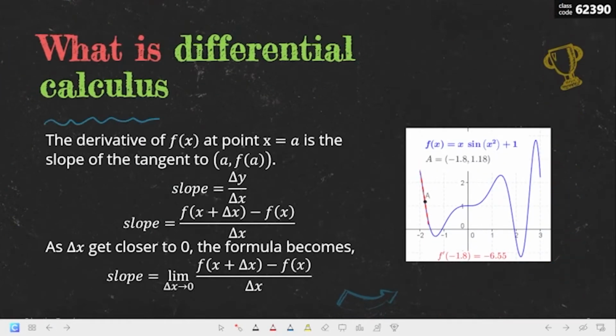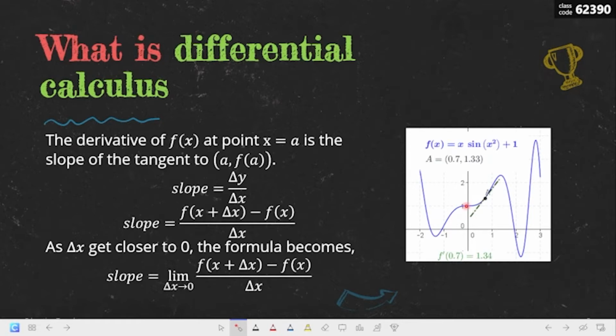What is differential calculus? The derivative of f(x) at the point x equals a is the slope of the tangent to f(a). So we have here a function, x sin(x squared plus 1).